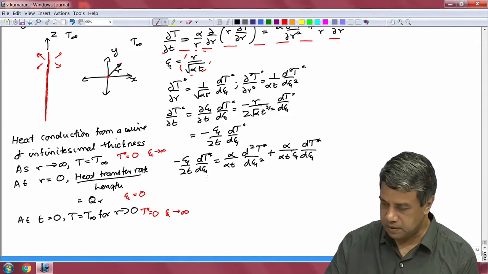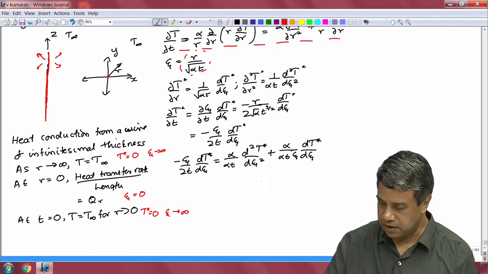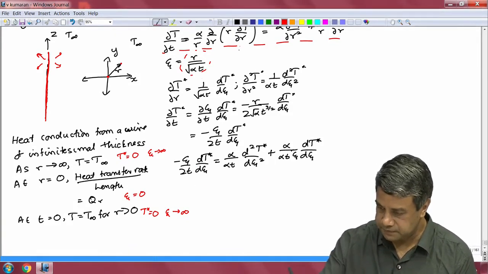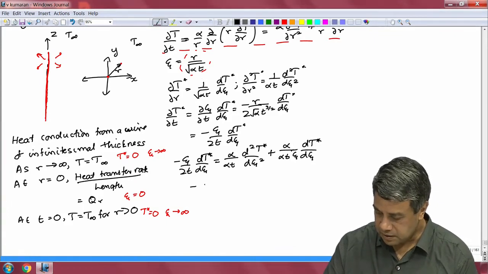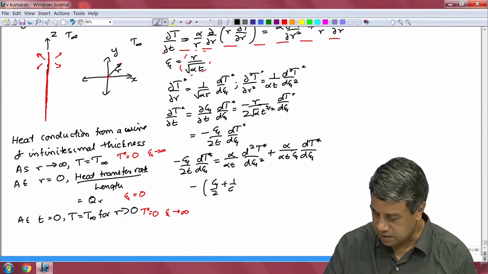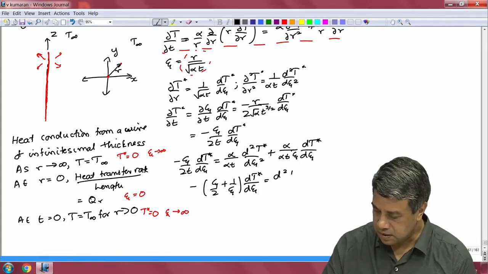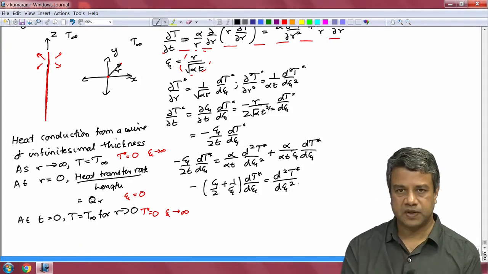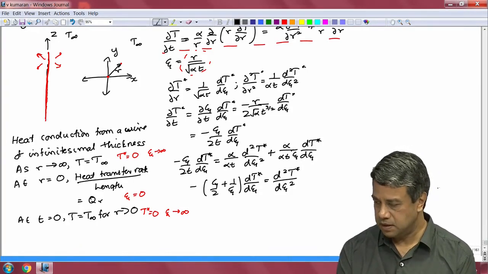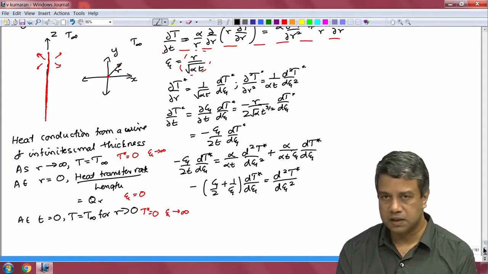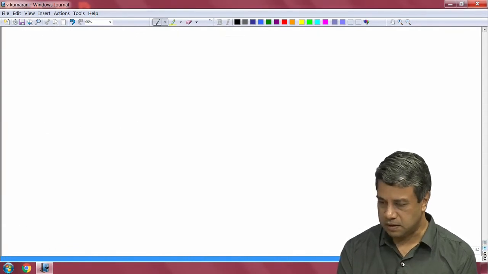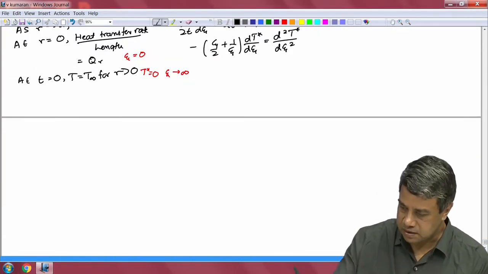Okay. So, this is the equation. If I multiply throughout by t and I take one derivative to the left hand side, I will get minus of psi by 2 plus 1 by psi dT by d psi is equal to d square T by d psi square. Okay. So, that is the conservation equation subject to boundary conditions, and I will rewrite the conservation equation and the boundary conditions here.